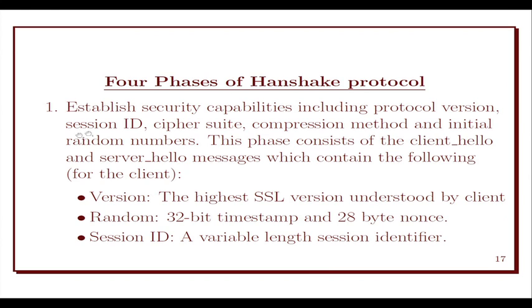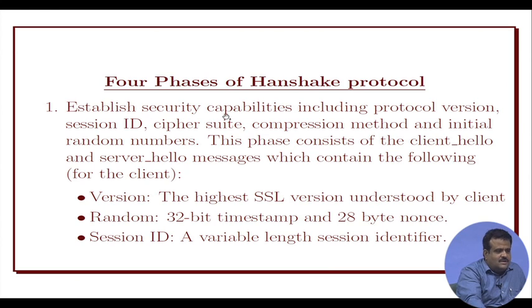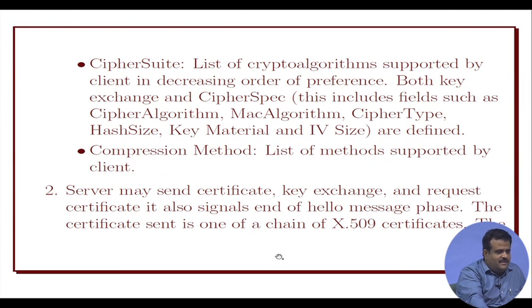Okay, so the first phase establishes security capabilities, including the protocol version, session ID, cipher suite, compression method, and initial random numbers. This phase consists of client hello and server hello messages, which contain the following for the client. Version, the highest SSL version understood by the client. Random, a 32-bit timestamp and 28-byte nonce, used as random numbers. Session ID, a variable length session identifier.